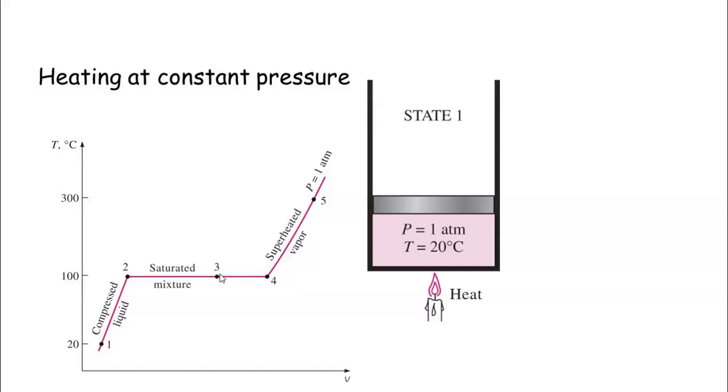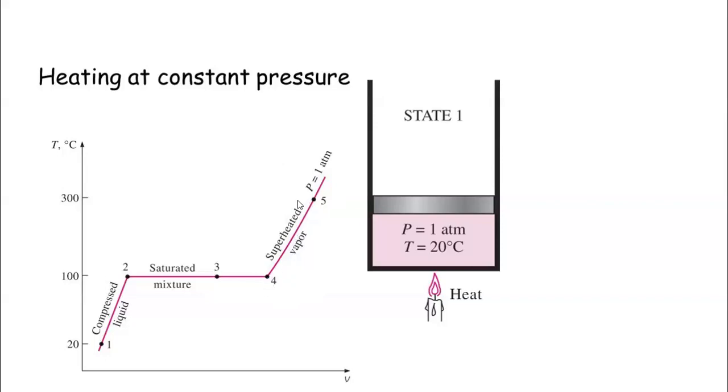Similarly, the specific volume at 3 would be vf plus x times vfg. And the entropy at 3 would be sf plus x times sfg, where hfg is hg minus hf, sfg is sg minus sf, and vfg is vg minus vf. vg is the specific volume of dry saturated steam. sg is the entropy of dry saturated steam.